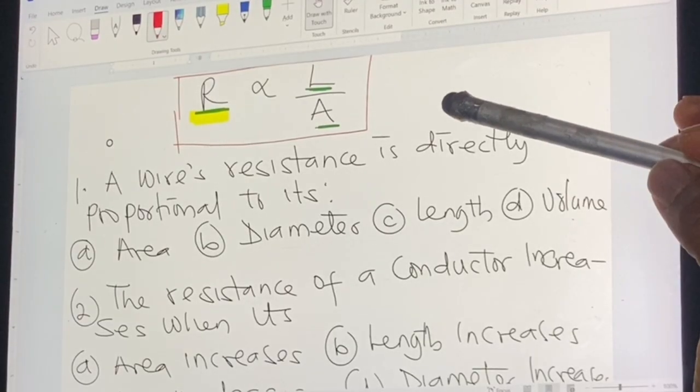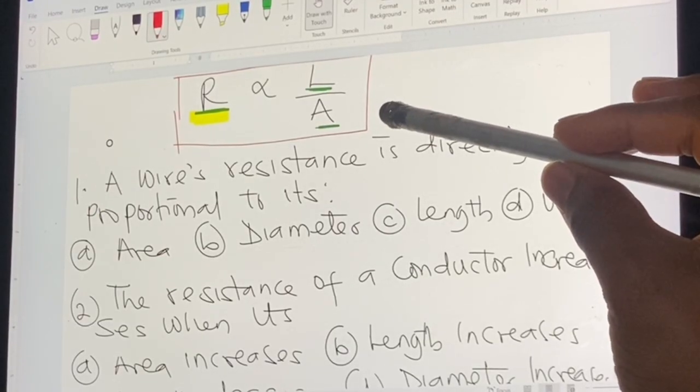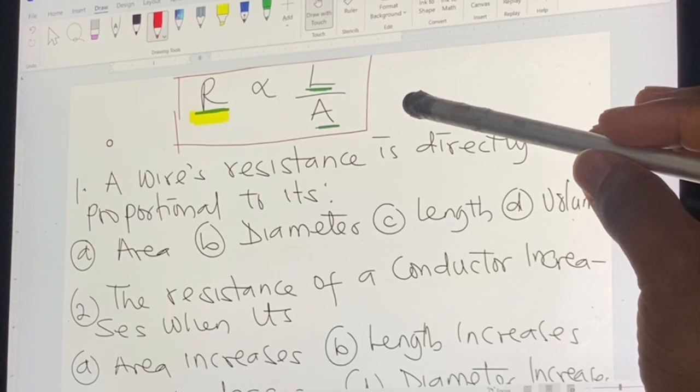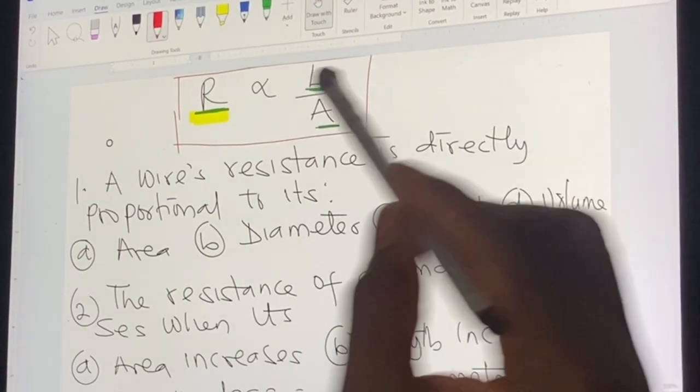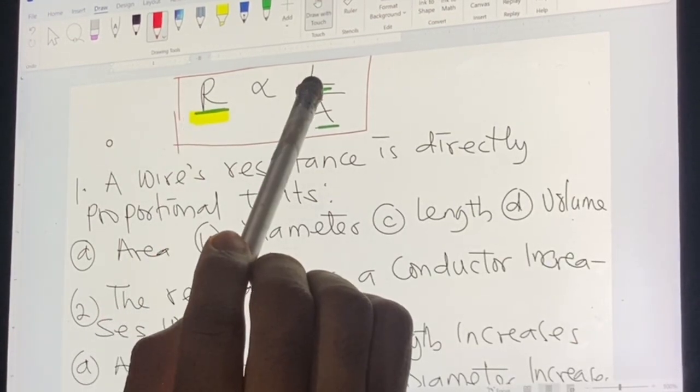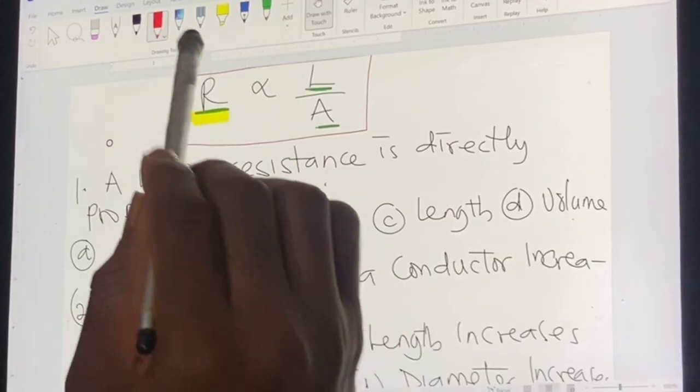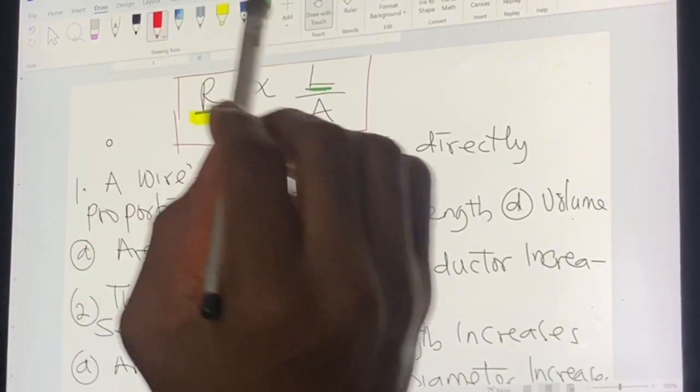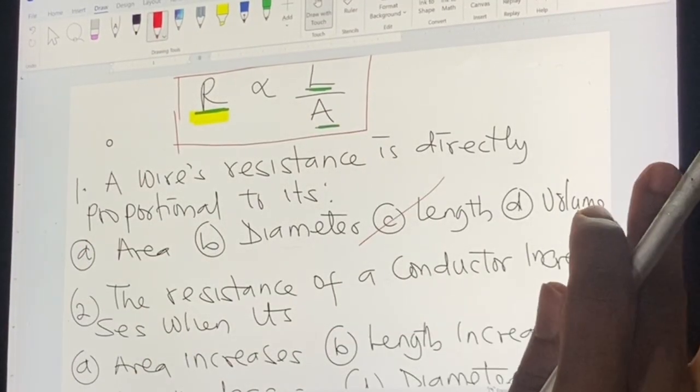Please take note. Length, you can see that the resistance is directly proportional to length. So the answer here, without wasting time, is C.